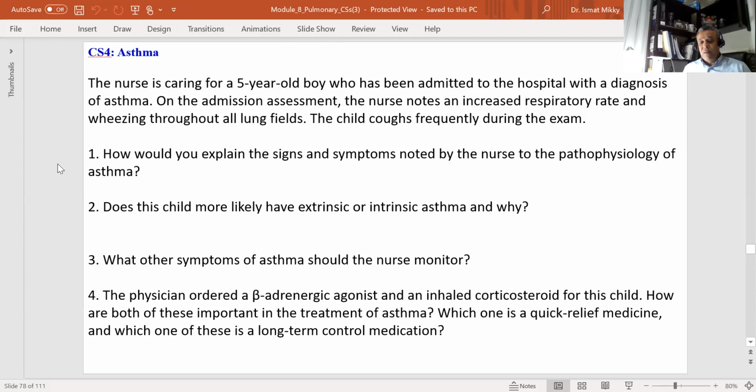Just to know the two main components of asthma. The first is increased airway reactivity, which is associated with bronchoconstriction when exposed to an allergen or irritant substance. The second component is the inflammatory response, with increased swelling of the airway and increased mucus production.